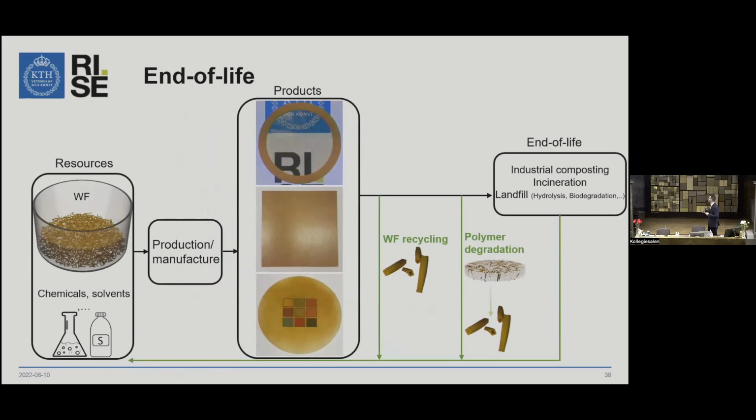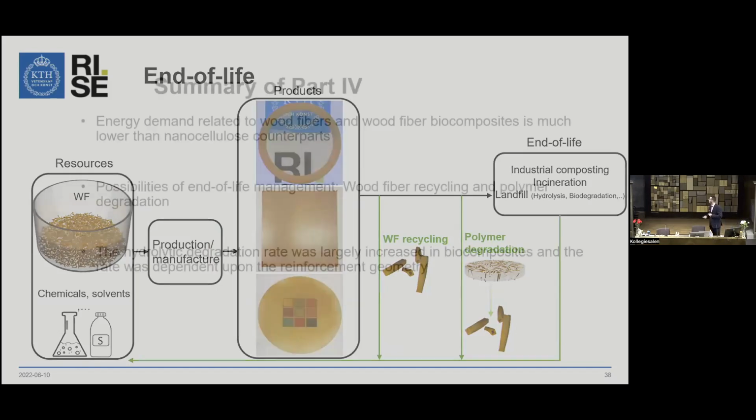We can possibly also recycle the degradation products from the polymer degradation, and this is also possible for industrial composting, incineration, and landfilling. And if the conditions are right in the landfill, this can possibly be hydrolyzed or biodegraded.